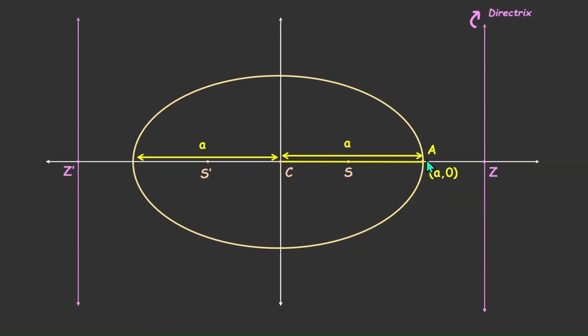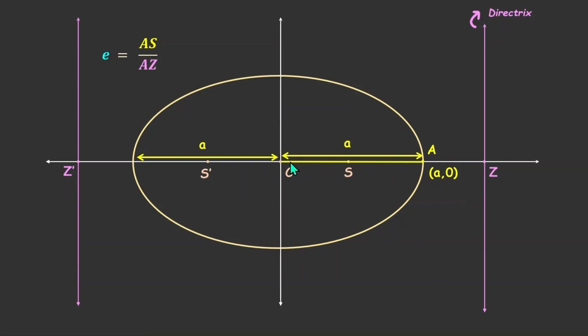On this point A, because it lies on the ellipse, it should also satisfy the condition of eccentricity. So what we can write here is that E, the eccentricity, is equal to AS, which is the distance of point A from the focus, divided by AZ, which is the distance of point A to the directrix line. Let's try to calculate that. If this entire distance is A, then we are trying to find AS.